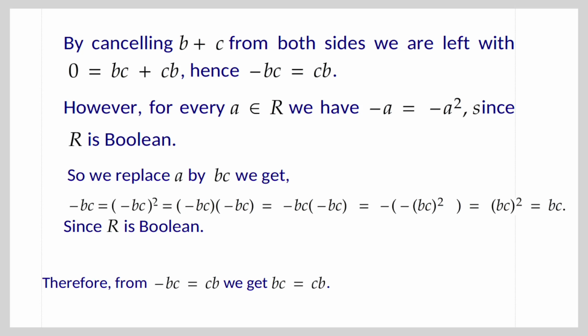So, we replace a by bc, we get minus bc equal to (minus bc) the whole squared, that is equal to minus bc into minus bc, that is equal to (bc) squared, that is equal to bc, since R is Boolean. Therefore, from minus bc equal to cb, we get bc equal to cb.